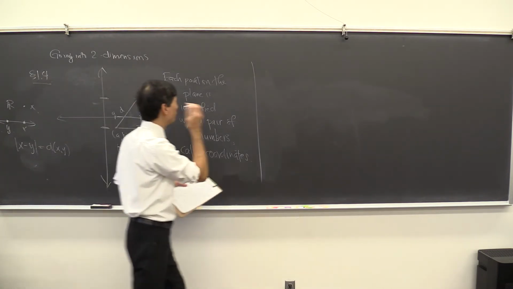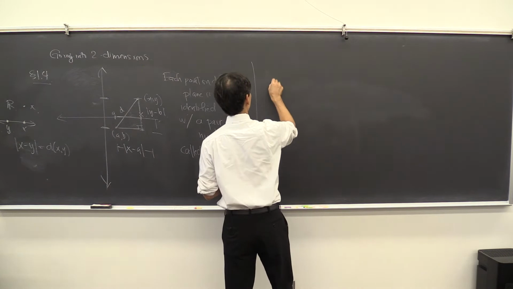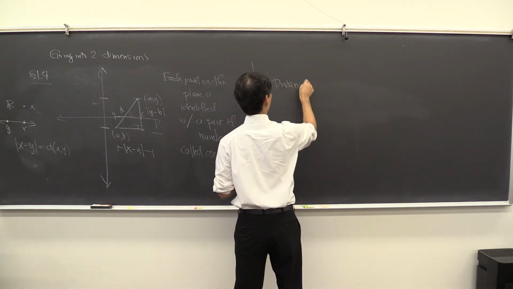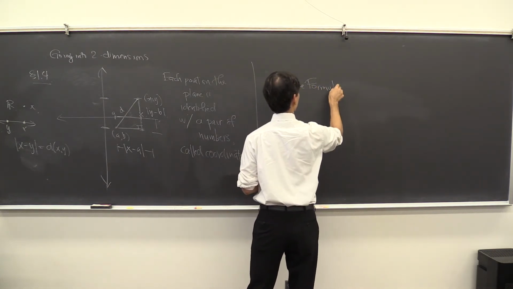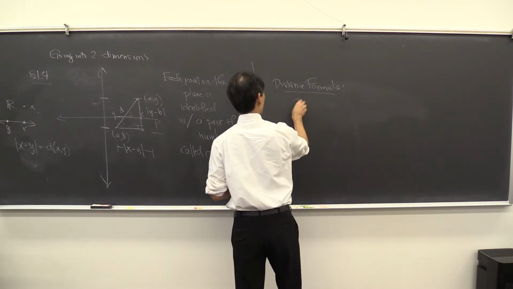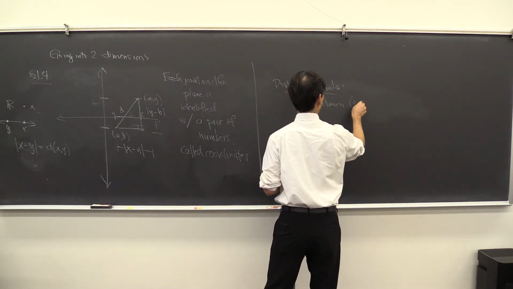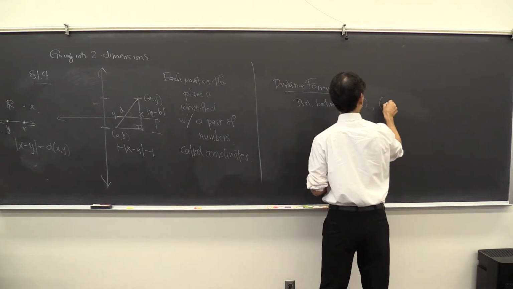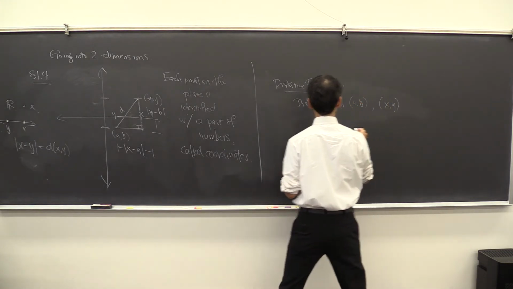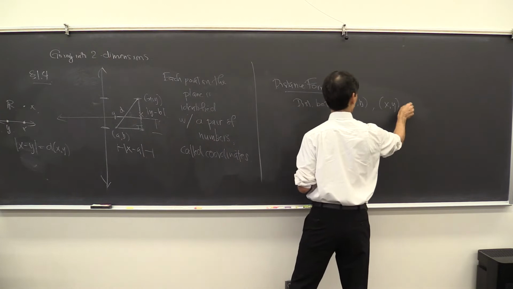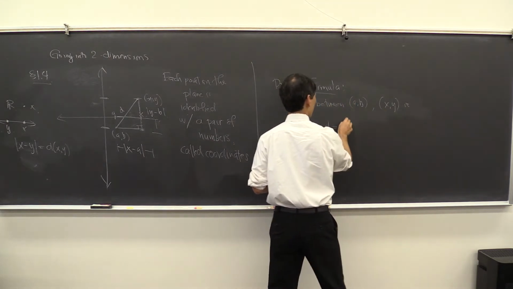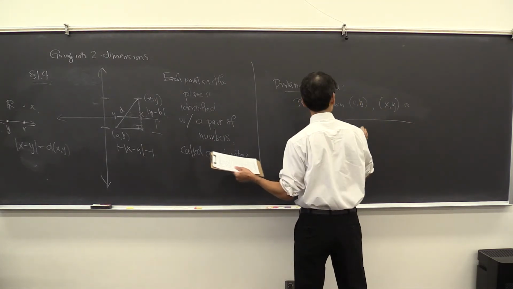So by the Pythagorean theorem, this is the distance formula, right? The distance between 2 points (a, b) and (x, y) is going to be the square root of the sum of the squares, right?